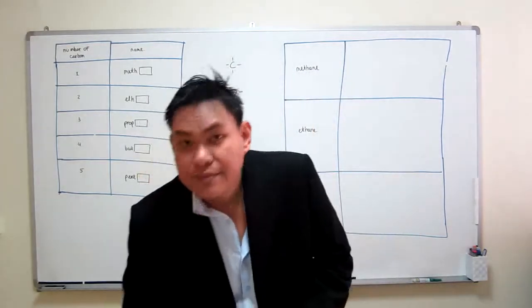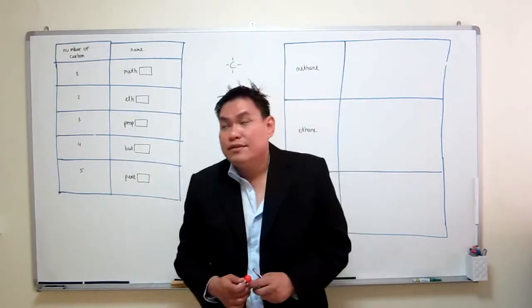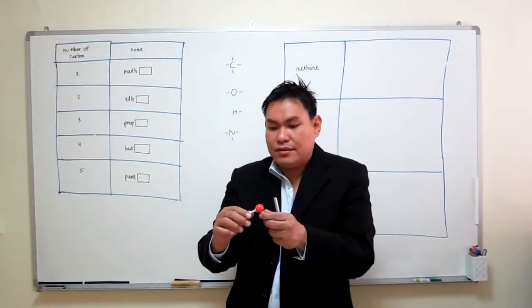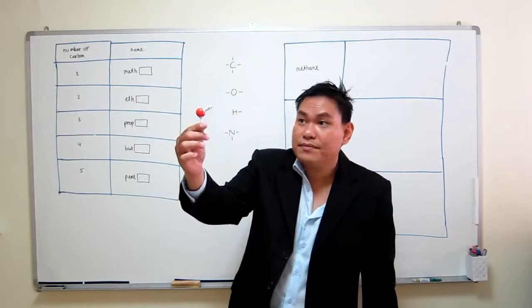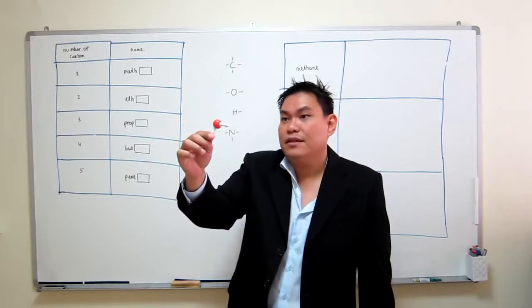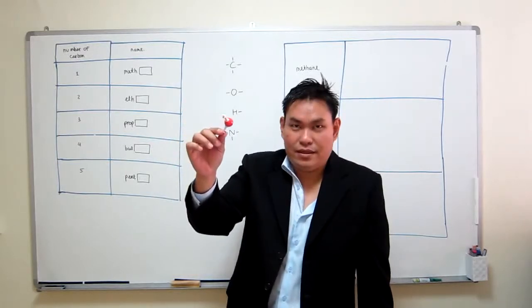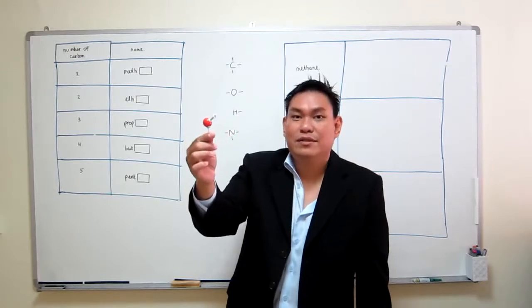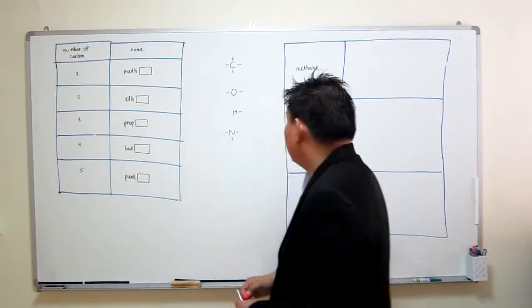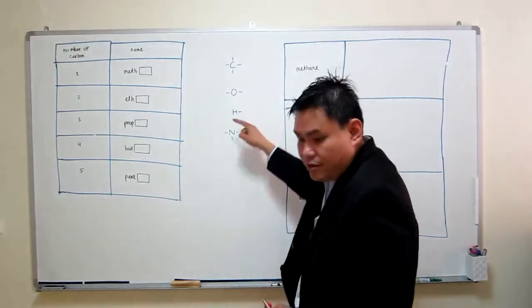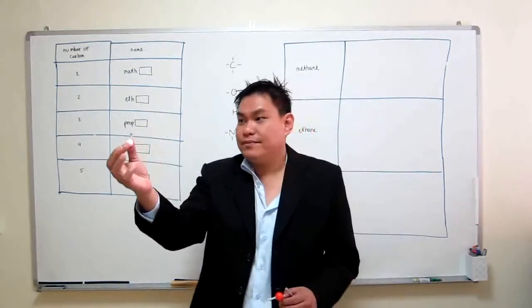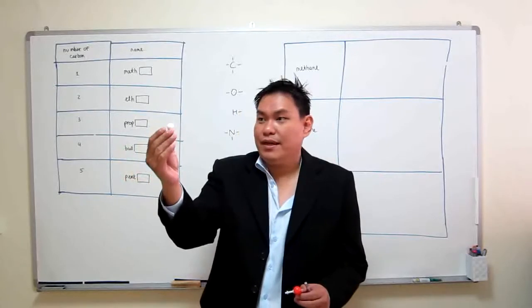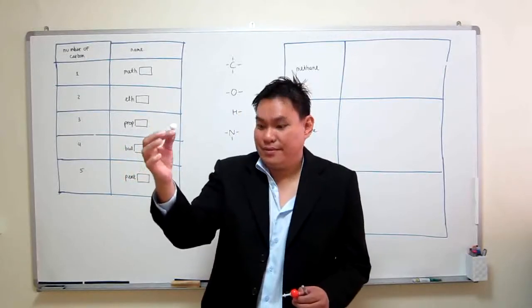Oxygen usually has 2 bonds. The Molymod model for oxygen is the red sphere with two bonds connected to it. We draw it like this. Hydrogen has only one bond, and is represented by a white sphere.